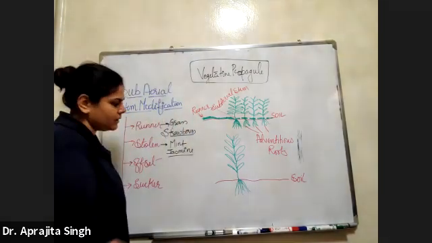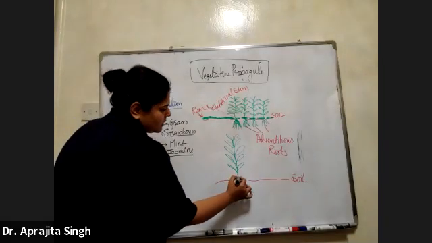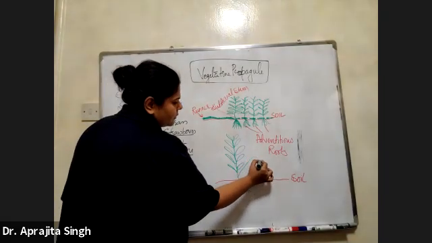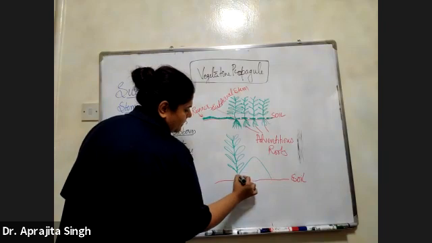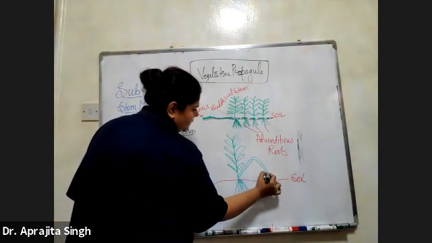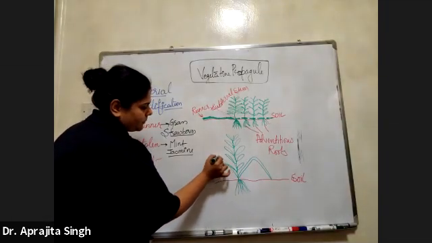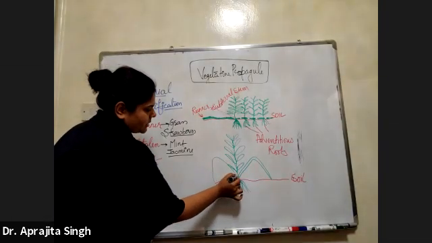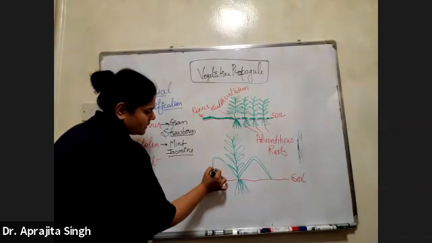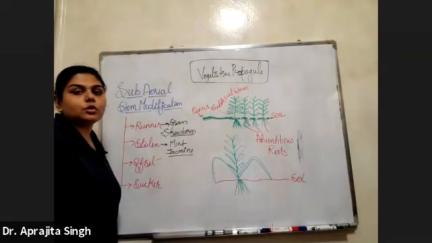What will happen here? The subaerial stem will grow like this, and they will attach to the ground like this. Their branches will grow and attach to the ground.